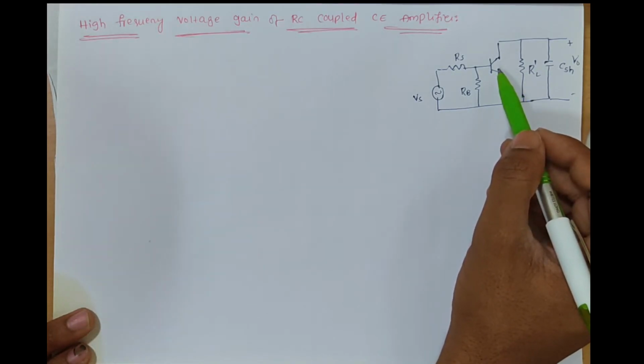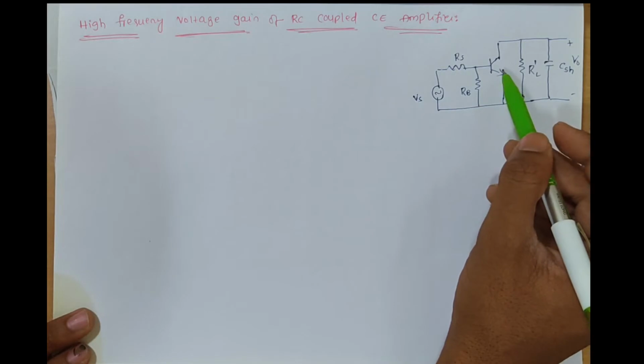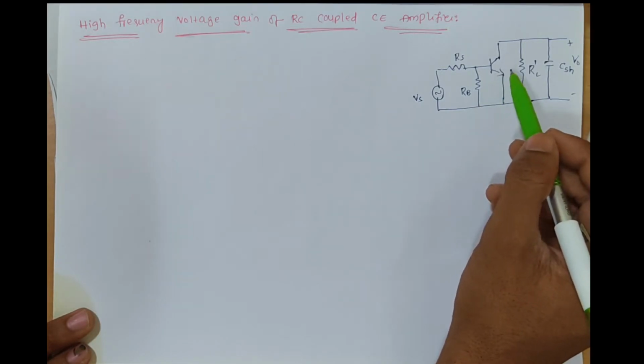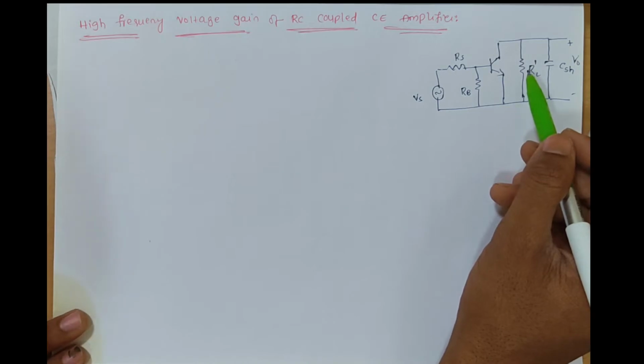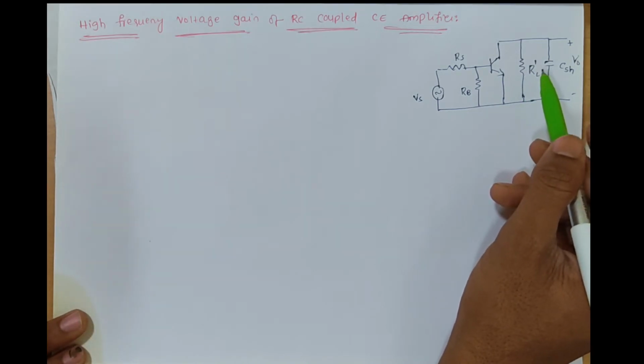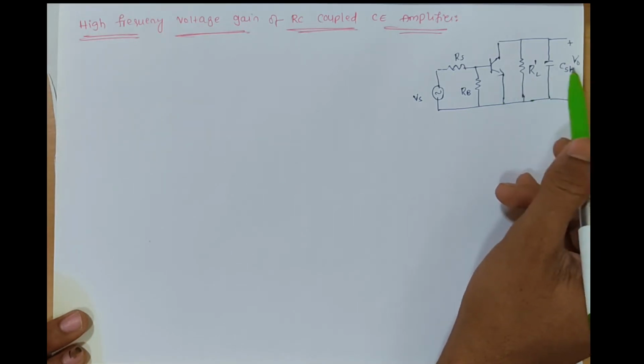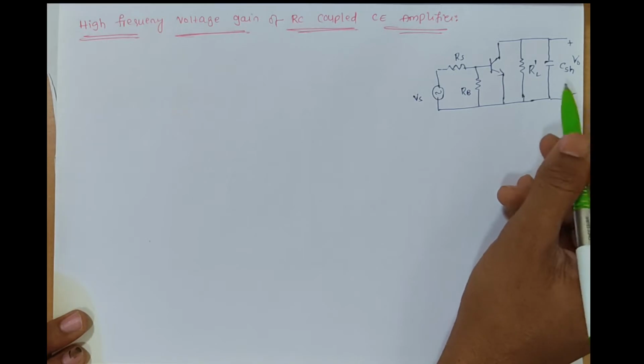We have C in as internal capacitance and C out. As C in is more compared to C out, we neglected C out. So majorly we are considering the internal capacitance C in and CSH, the shunt capacitor.